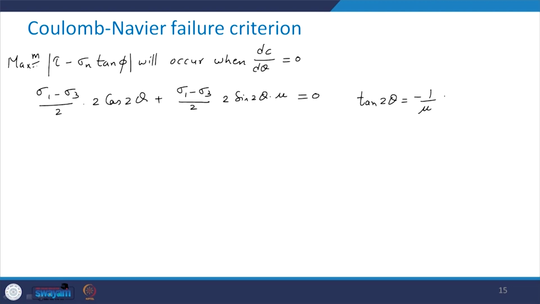From this expression, I can find cos of 2 theta will be minus mu upon square root of 1 plus mu square, simple trigonometry, and sine of 2 theta will be equal to 1 upon square root of 1 plus mu square. Substitute this here.